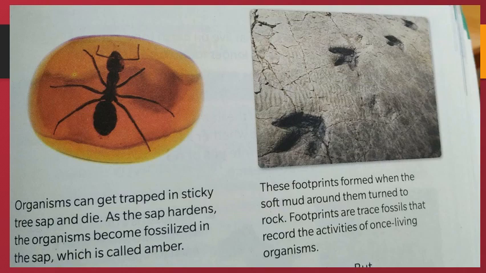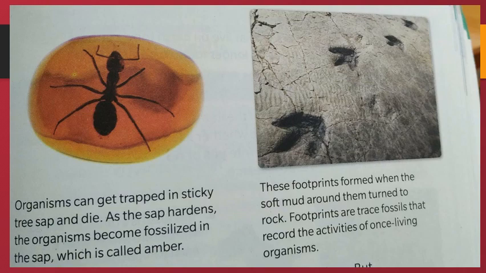Sometimes insects like ants, we know that on trees usually you'll find ants walking over the trunk or the bark of the tree. The ants may get stuck in the sticky juice of that tree, which we call the sap.